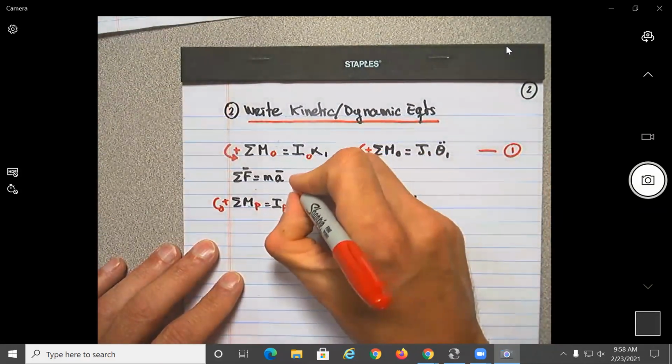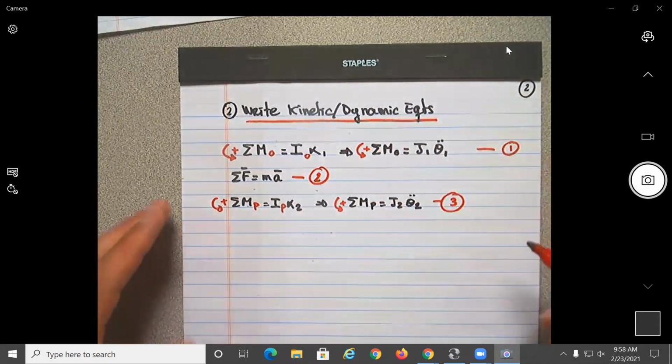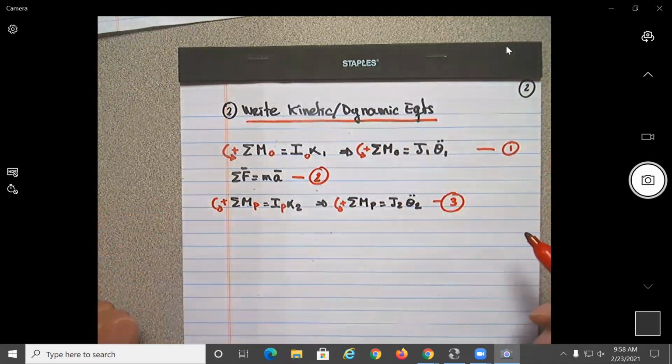So this will be equation 2. This will be equation 3. Okay, that you can write, no? So you have 3 equations.